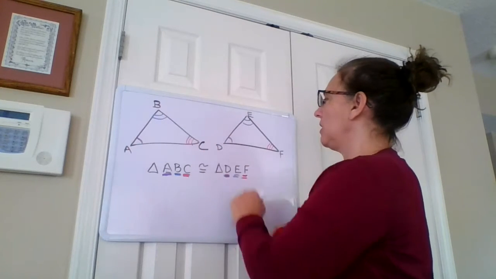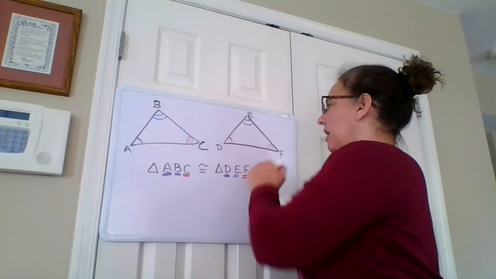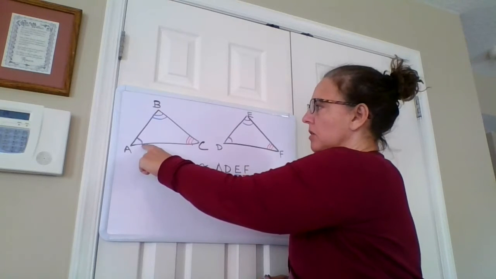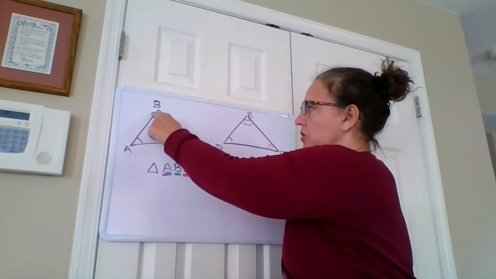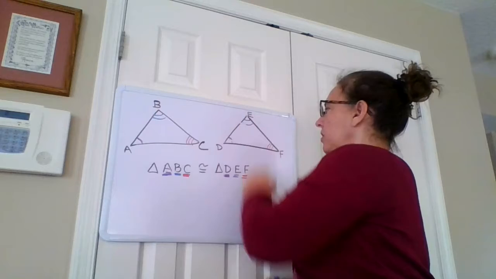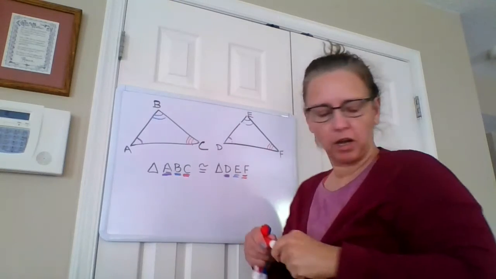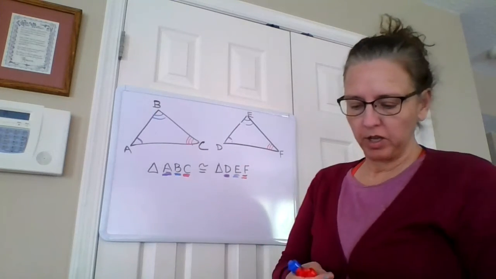A, B, C, D, E, F. And these are the marks: 1, 2, and 3. That's how we show the angles are congruent.